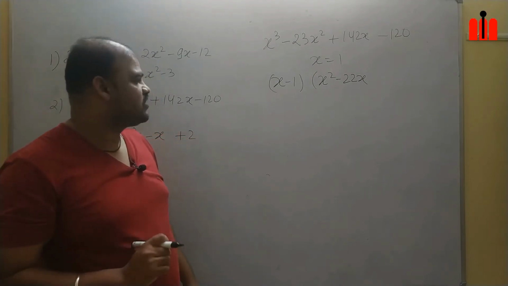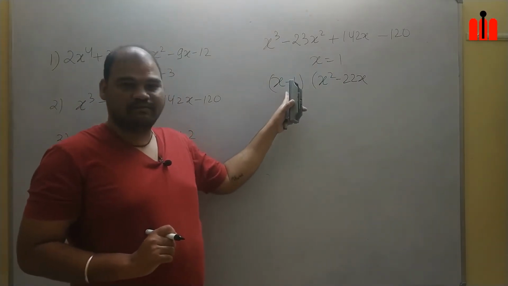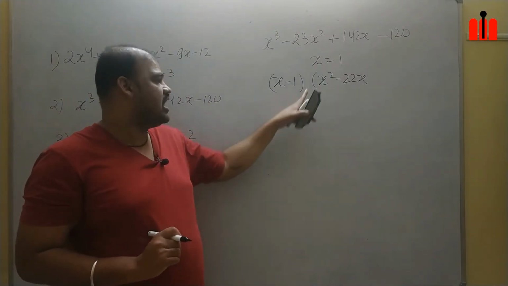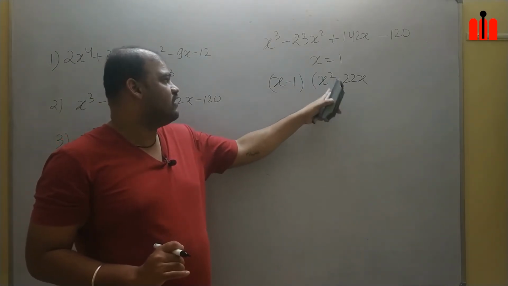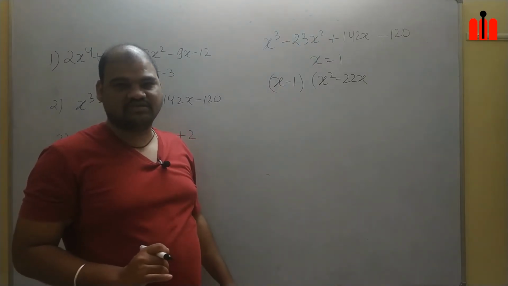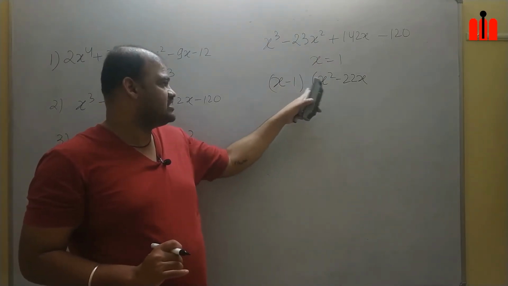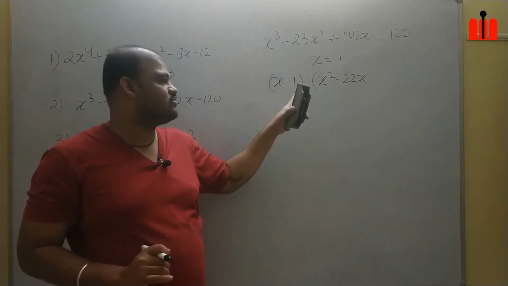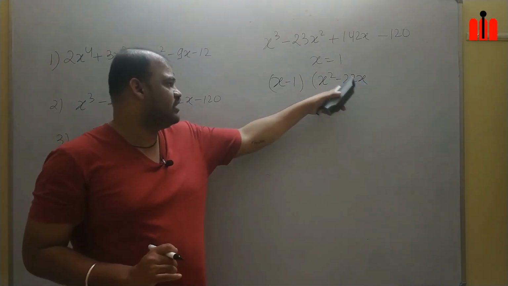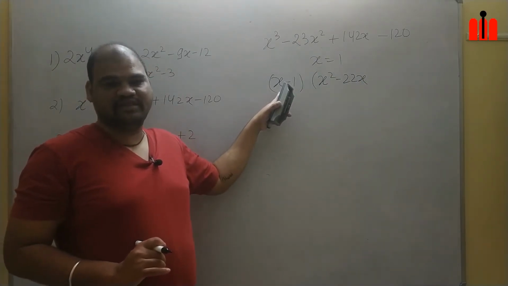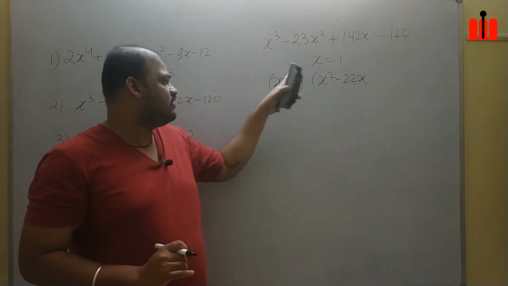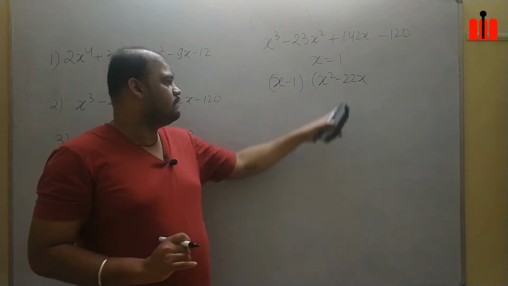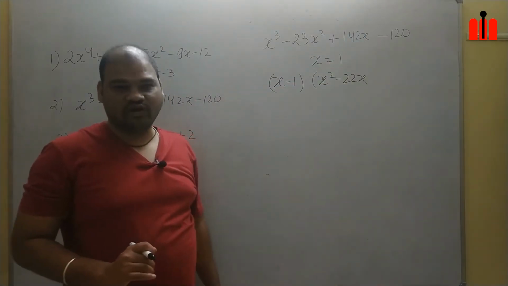Are you getting it? First x square is multiplied, so you get x cube. After that it has minus x square, but here it is minus 23x square. So for minus x square, you have to make it minus 23x square, so you multiply with minus 22x, which is multiplied with x, and you get minus 23x square. After that again you get plus 22x, but here it is 142x.